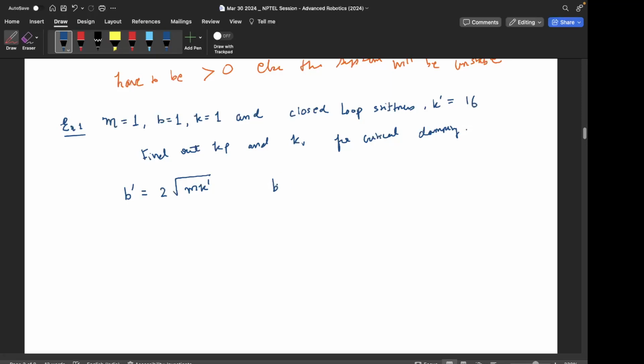So b dash is 2 times mass is 1 and k dash is 16, so this is 8. And b dash is b plus kv, so b is 1 plus kv is 8.